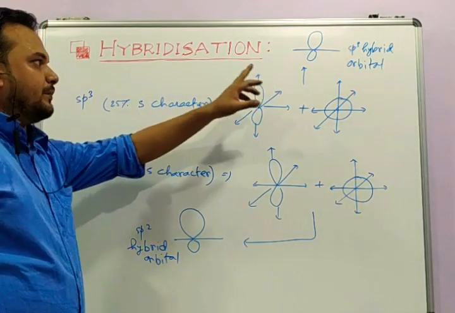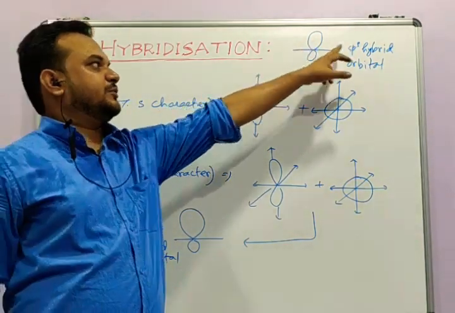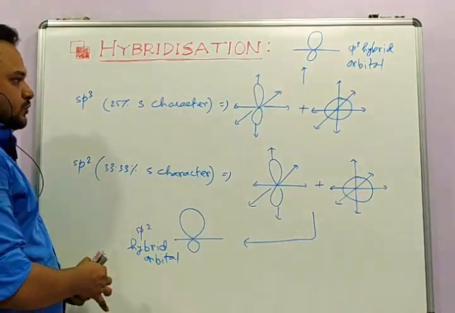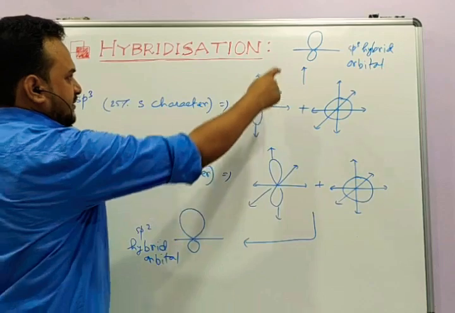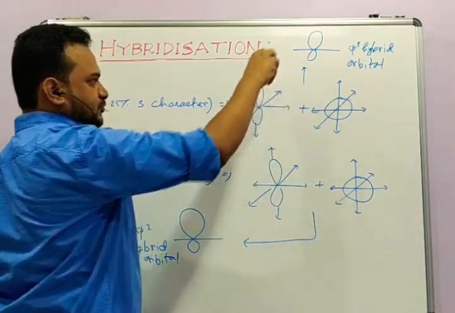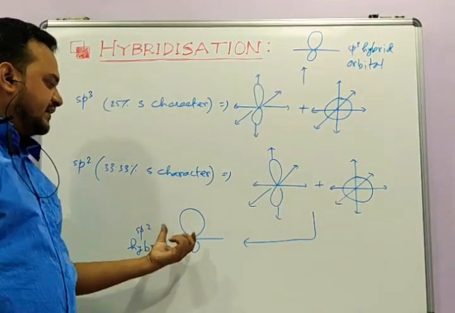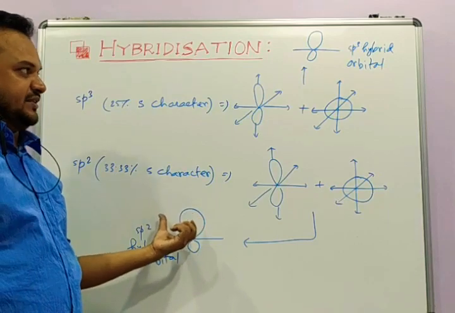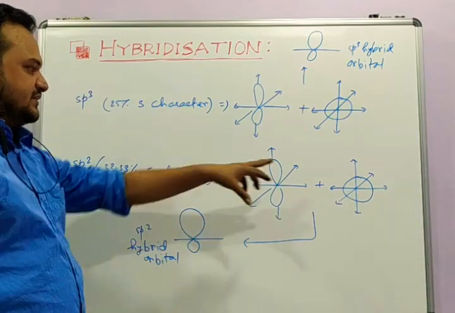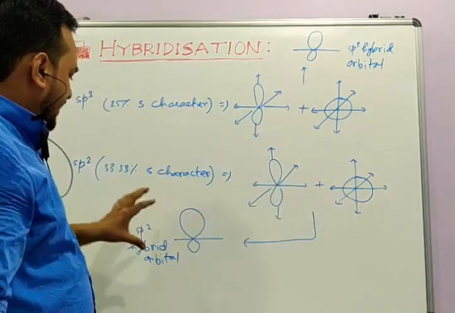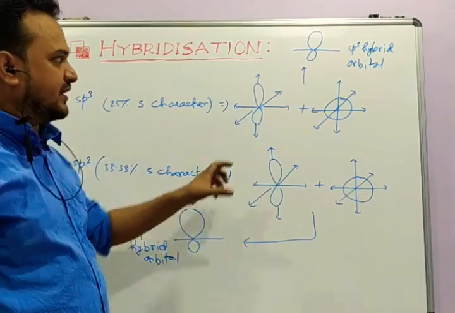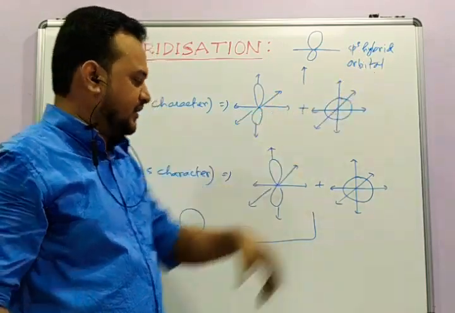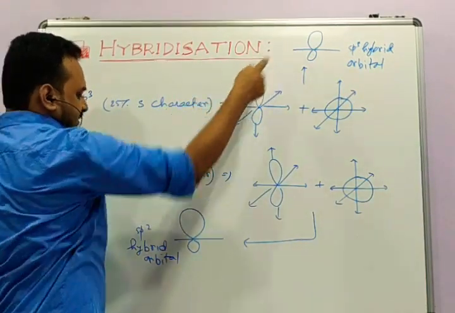Here I am comparing the shape of sp3 and sp2. In both cases s and p orbitals undergo hybridization, but in this hybrid orbital the s character is 25%, whereas here the s character is 33.33%. Since the s orbital is spherical, the bigger lobe of the sp2 hybrid orbital will look more spherical than that of the sp3 hybrid orbital, as compared in these two structures.